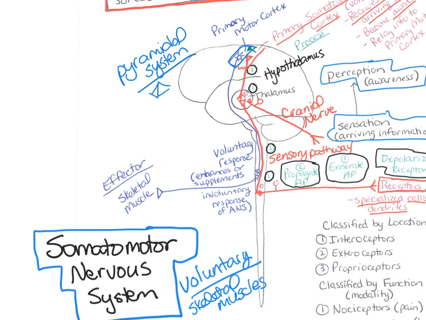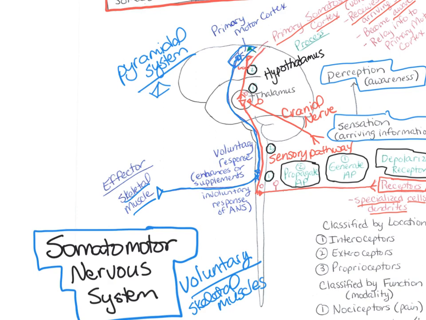So here we can see a motor neuron that originates in that primary motor cortex, and it's going to send a command out to the skeletal muscles. So that neuron will exit that primary motor cortex, and its axon will travel down somewhere within the spinal cord, and it will synapse onto another motor neuron, and then this motor neuron will exit the central nervous system and will synapse on a skeletal muscle.